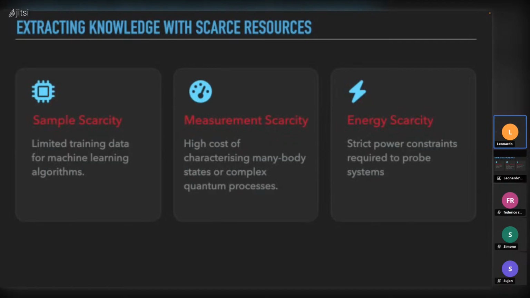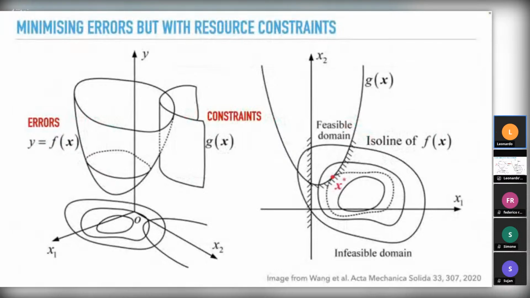So why do we care about all of this for learning, sensing, and in general quantum information applications? Well, what we are doing technically is some optimization. We are solving some optimization problem, but with some constraints.